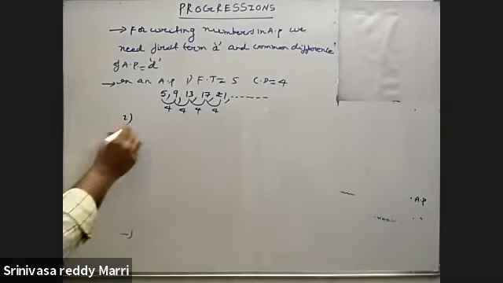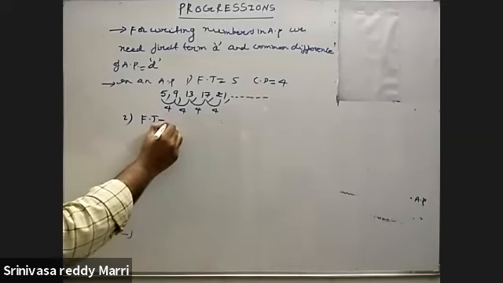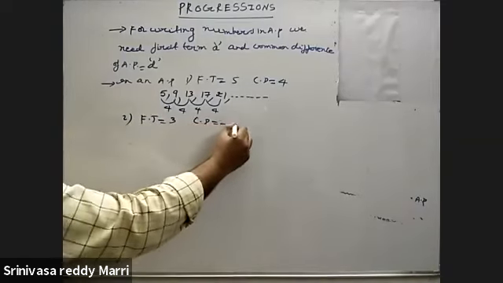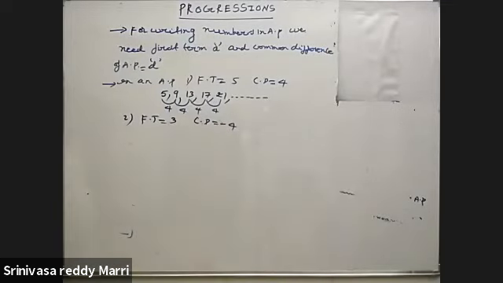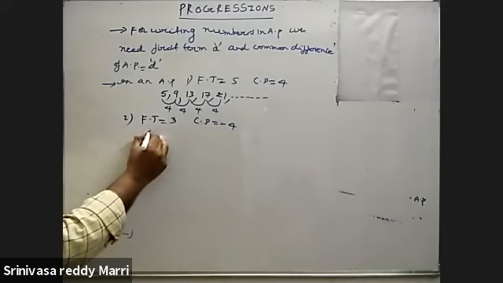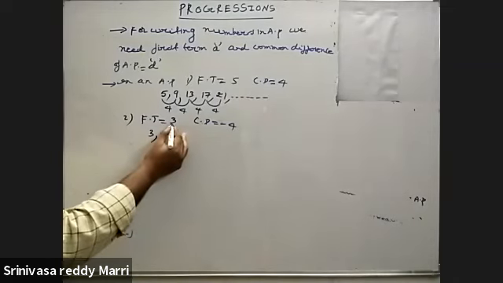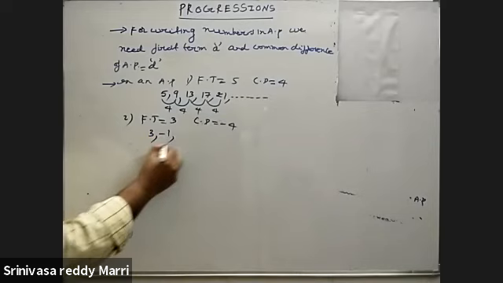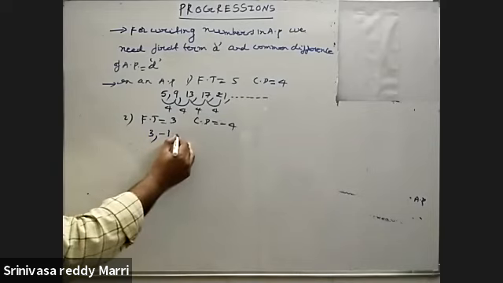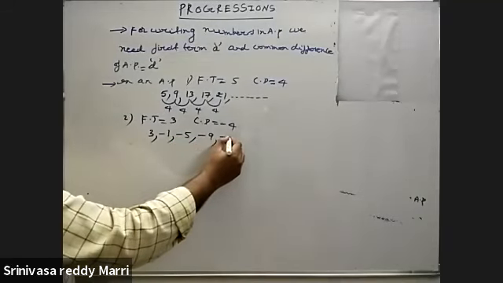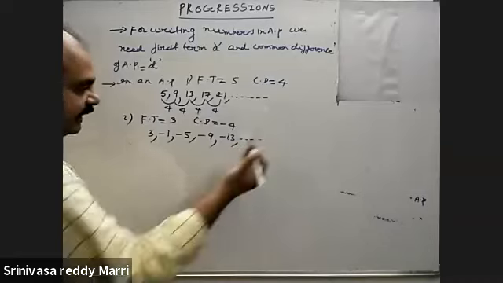Let us say second example: first term equal to 3 and common difference equal to minus 4. The numbers in the AP will be 3. First number is 3, then add minus 4 to it, minus 1. Add minus 4 to it, minus 5. Add minus 4 again, like that.